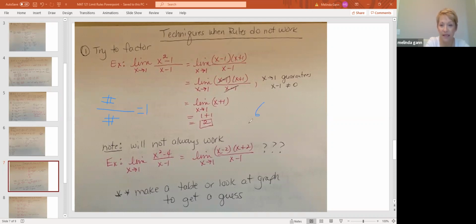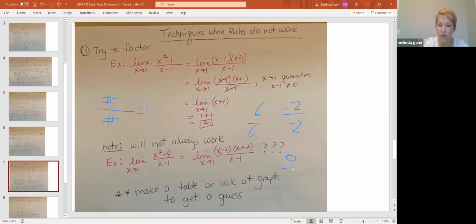I mean, like 6 divided by 6, that's a 1. If you had a -2 over a -2, that would be 1. If you had the square root of 5 over the square root of 5, that would be 1, okay? But there's one time when a number divided by itself is not 1.